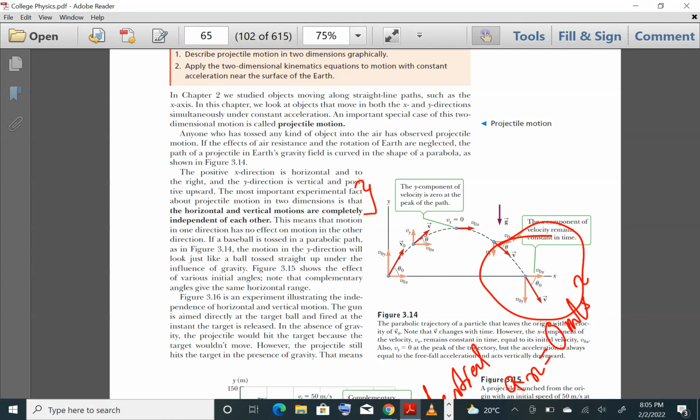So that's why, when this object reaches its highest point, or the peak of its path, the velocity in the vertical is going to be zero. Remember, I said that the horizontal and the vertical motions are different, right? So when we reach that highest peak, the vertical velocity component is going to be zero.